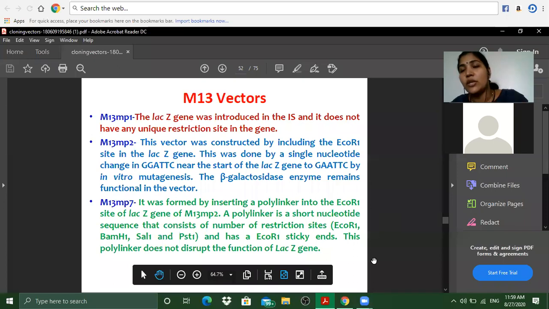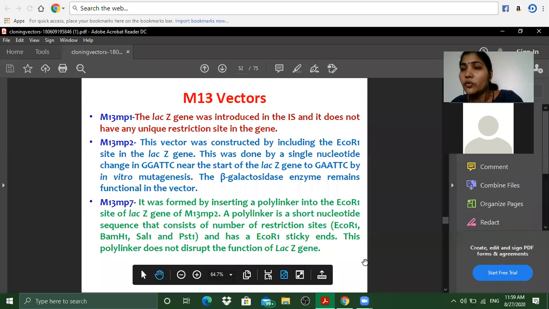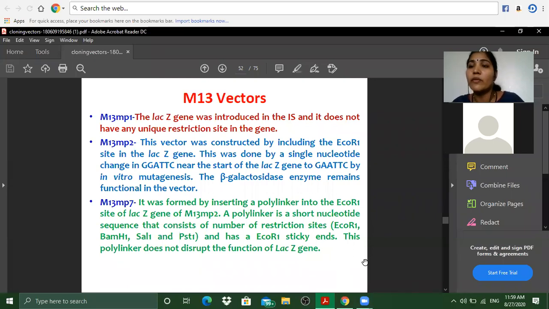So your DNA of interest will get inserted at the place where the lacZ gene is. So that could be one more confirmatory test for you, whether your DNA has been integrated with the plasmid DNA or not.